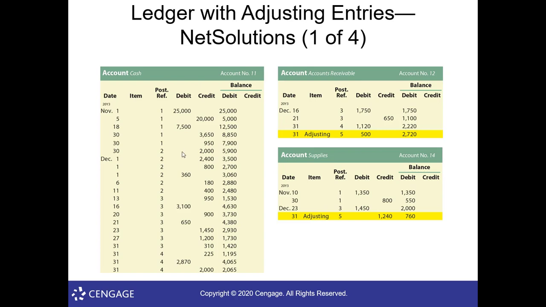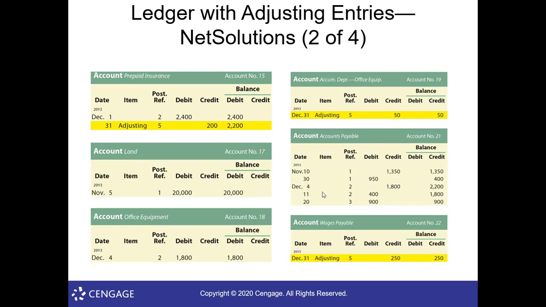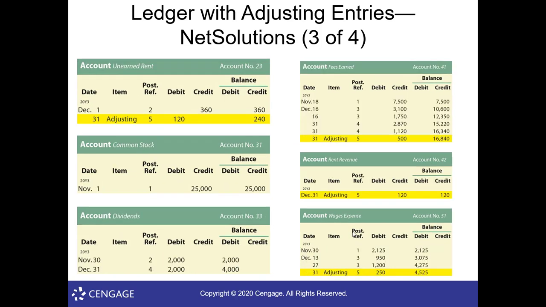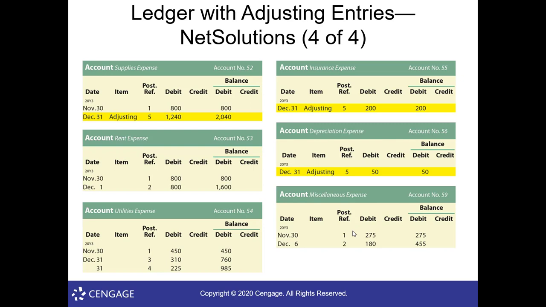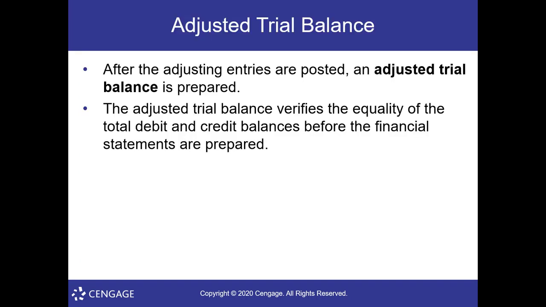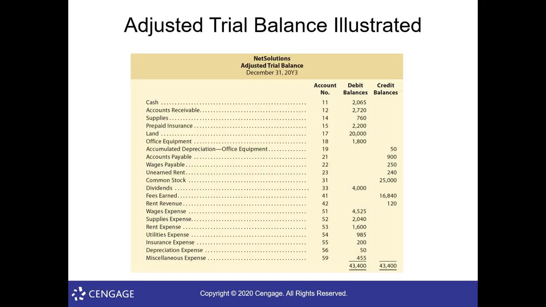We then book those into each of the accounts. So accounts receivable, supplies, prepaid insurance, accumulated depreciation, the wages payable, unearned rent, and so forth, on down to the depreciation expense. This then gives us the adjusted trial balance, and that is what we would use to produce financial statements.